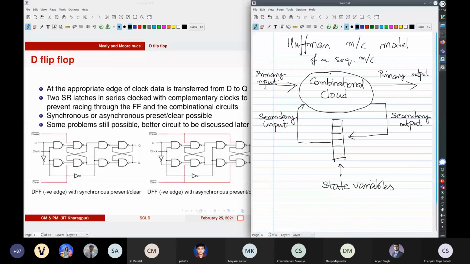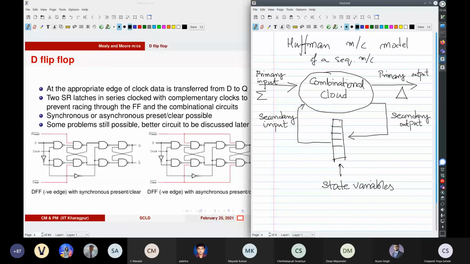As you can see, you have primary inputs coming in here, and you have the primary output. Primary inputs come from your input alphabet, sigma.